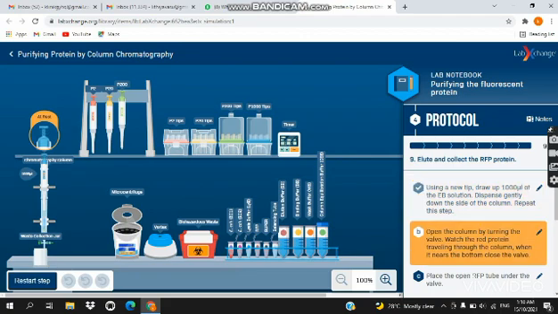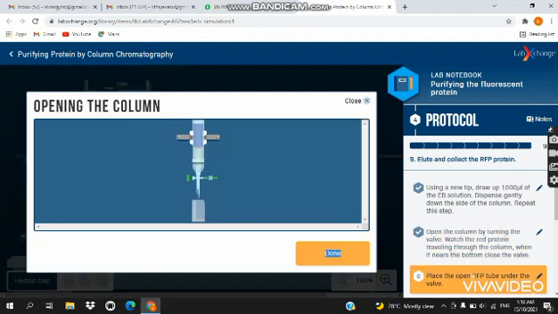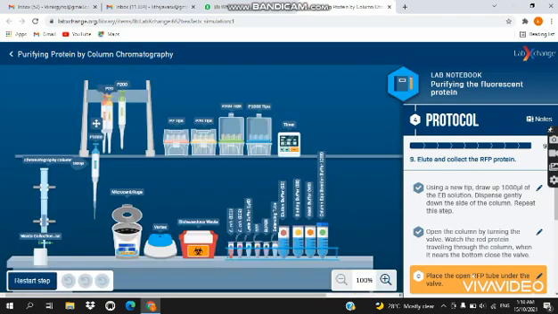And open the column. Open the column until the liquid reaches the bottom of the column, then close. Done.